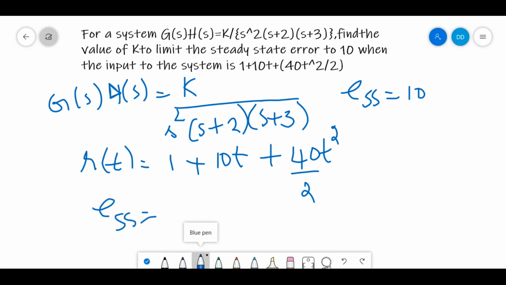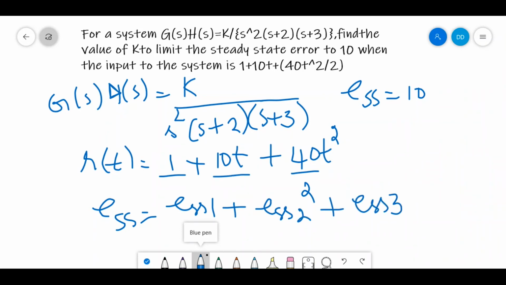So we know that ESS is equal to ESS1, that is due to the step input, plus ESS2, due to the ramp input, and ESS3 due to the parabolic input. So ESS1 is due to step input having magnitude 1, ESS2 is due to ramp input having a magnitude 10, ESS3 is a parabolic input of magnitude 40.